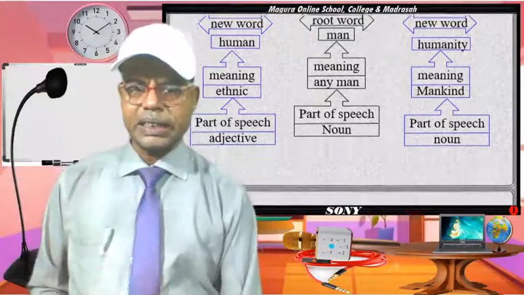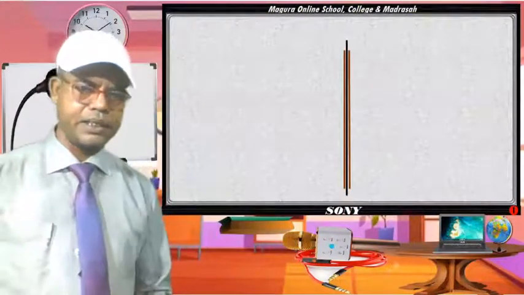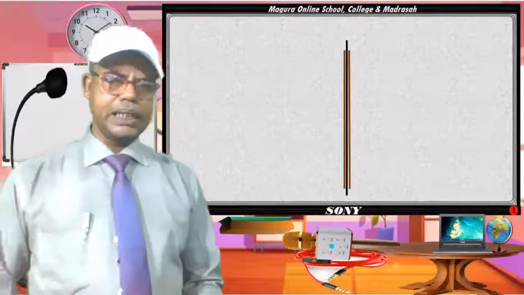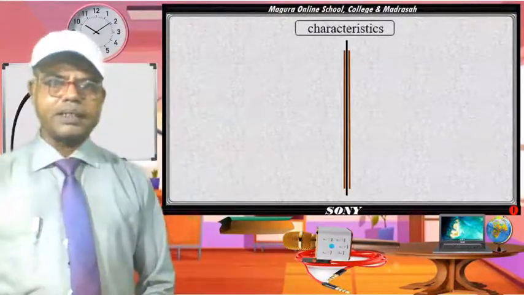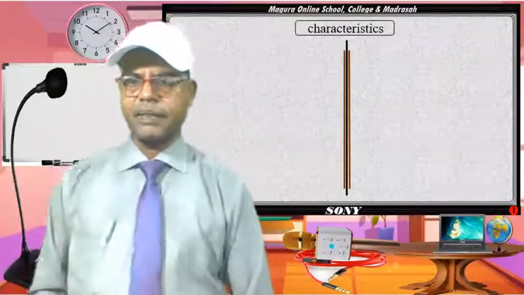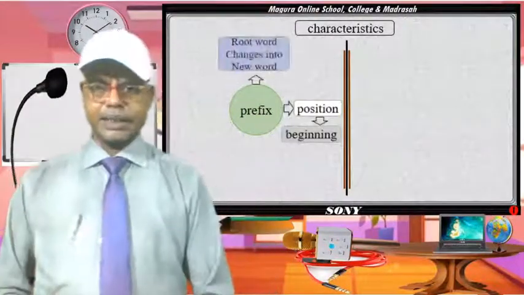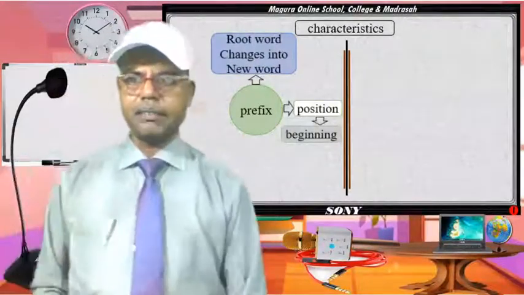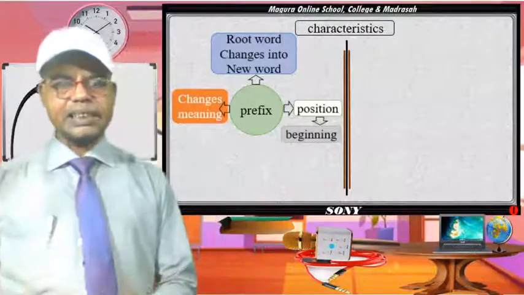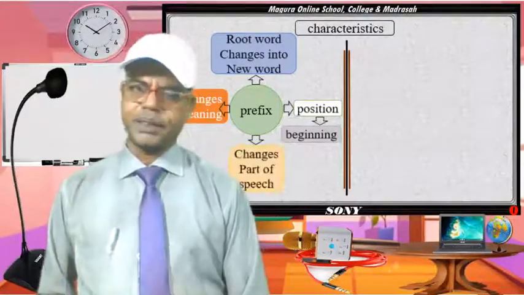So there are characteristics of prefix and suffix. Now we will see the characteristics of prefix and suffix. First, prefix. Its position is at the beginning and it changes into a new word. Then it changes meaning. Also it changes part of speech.